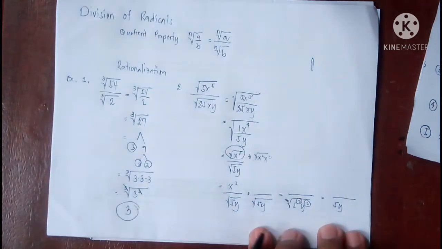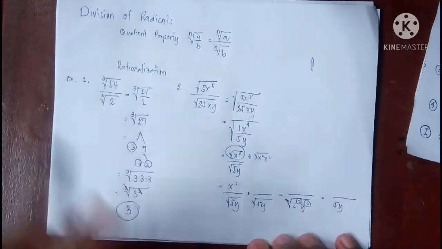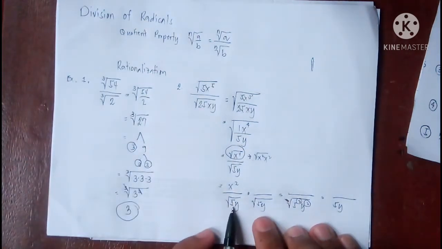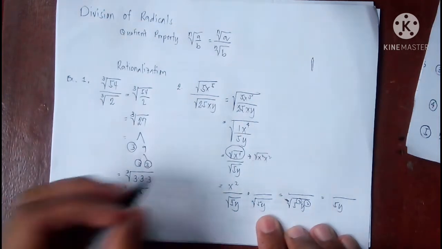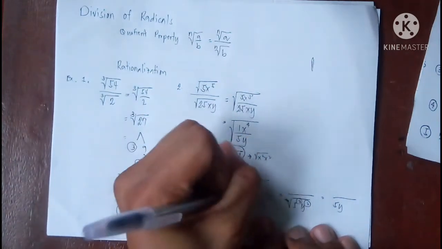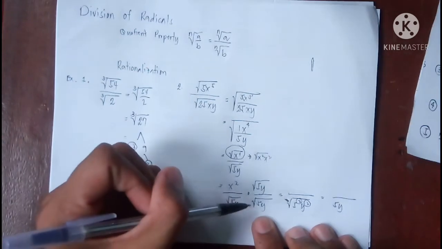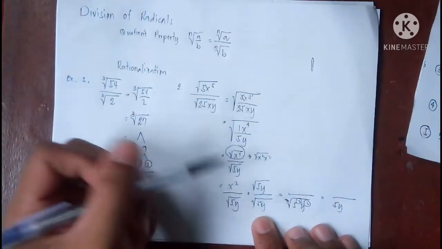Okay, so next, ang pinakita ko pa lang ay yung denominator. Paano ang gagawin kay numerator? So since yung denominator natin ay minultiply natin kay square root of 5y, dapat si numerator din ay imumultiply din kay square root of 5y. Kasi kung anong ginawa dito sa denominator, ganun din dapat ang ginawa kay numerator.